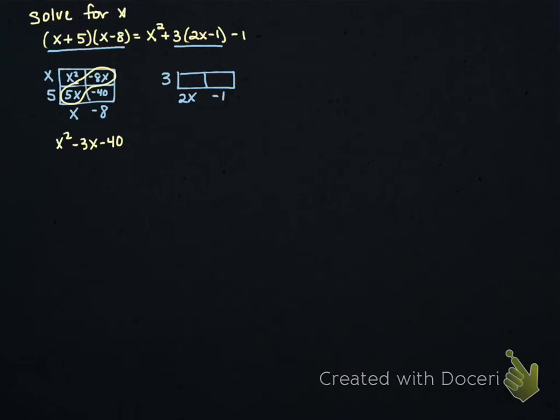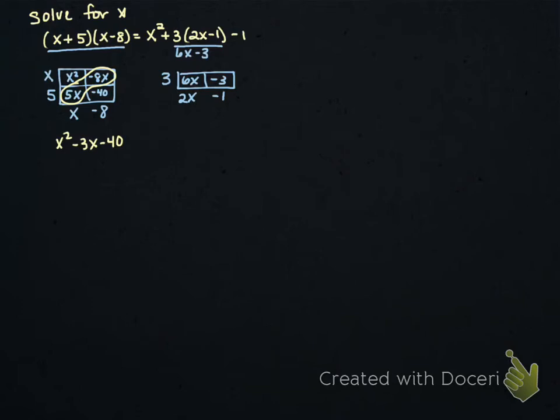Once again, we are going to multiply these terms together to fill in our generic rectangle. 3 times 2x will give us 6x, and 3 times negative 1 will give us negative 3. This means that we can rewrite 3 times the quantity of 2x minus 1 as 6x minus 3.